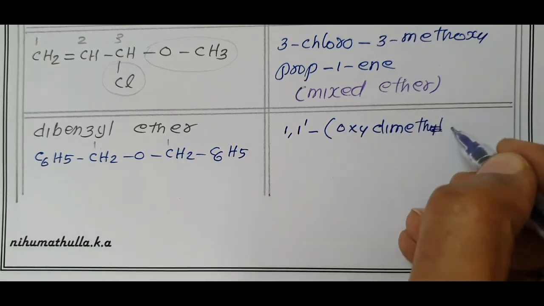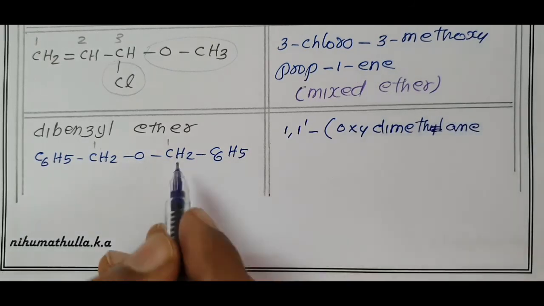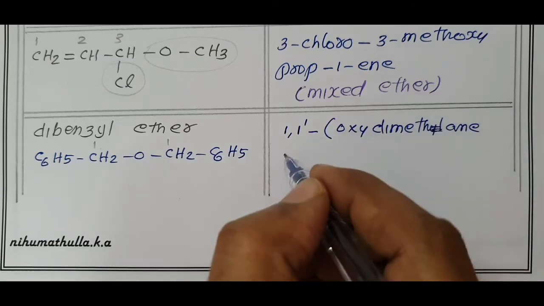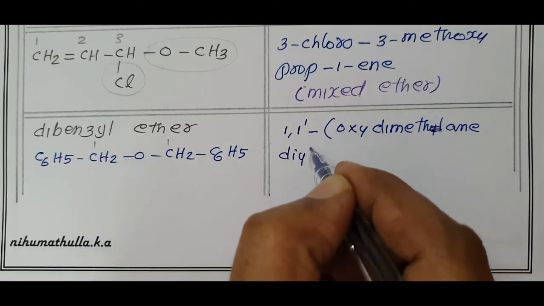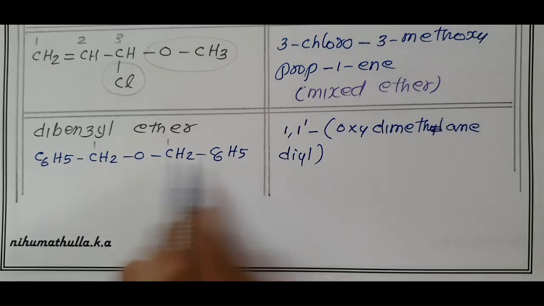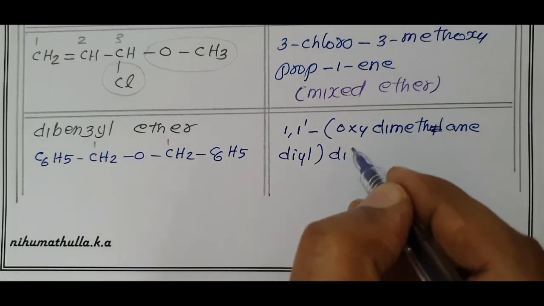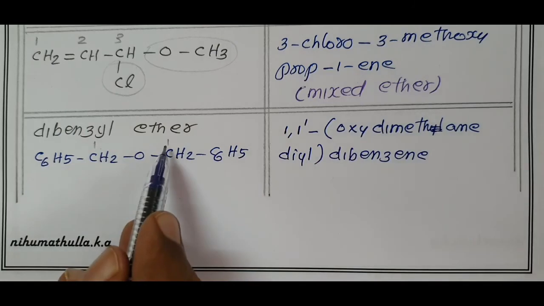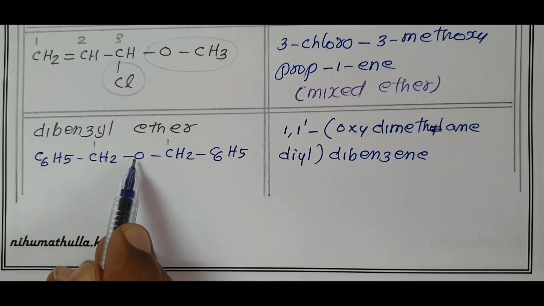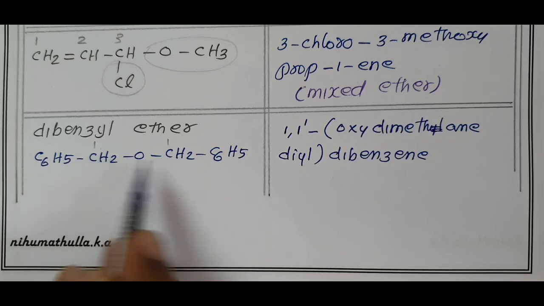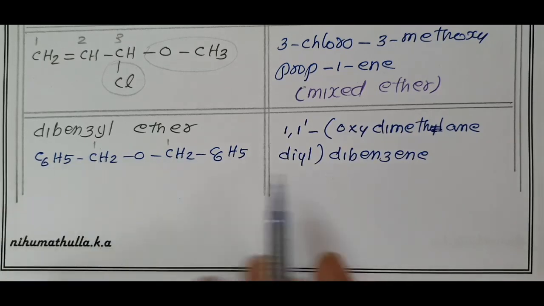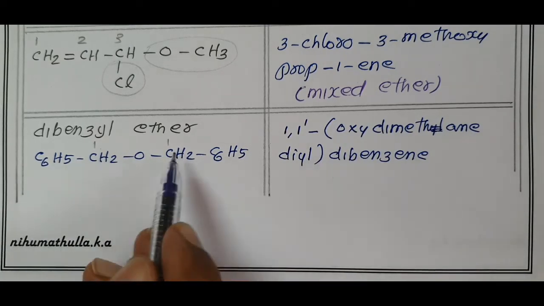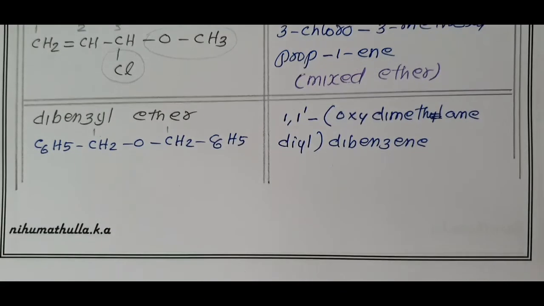Last, hydrogen atoms, how many hydrogen? 2, yl, diyl. Benzene, parent hydrocarbon, dibenzene. 1, 1 dash, oxy, dimethane, diyl, dibenzene. Yl indicates loss of hydrogen.